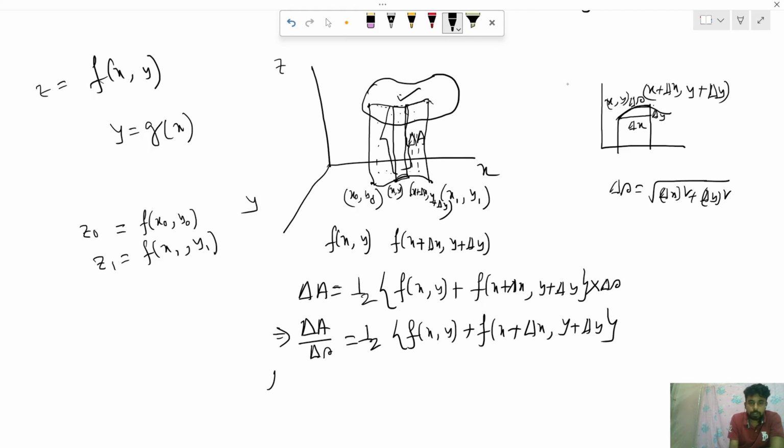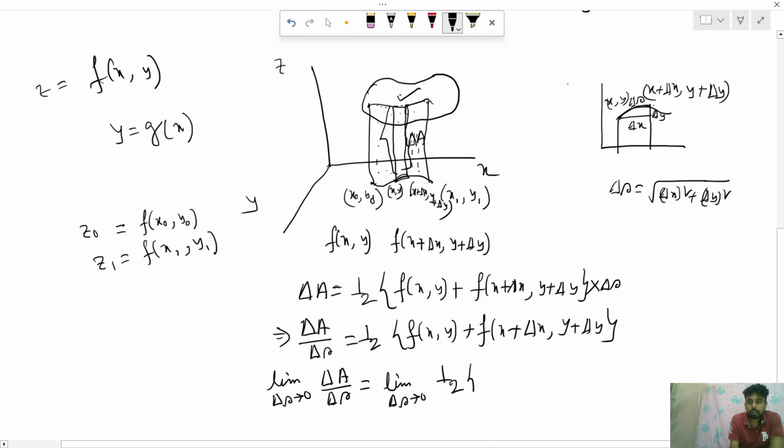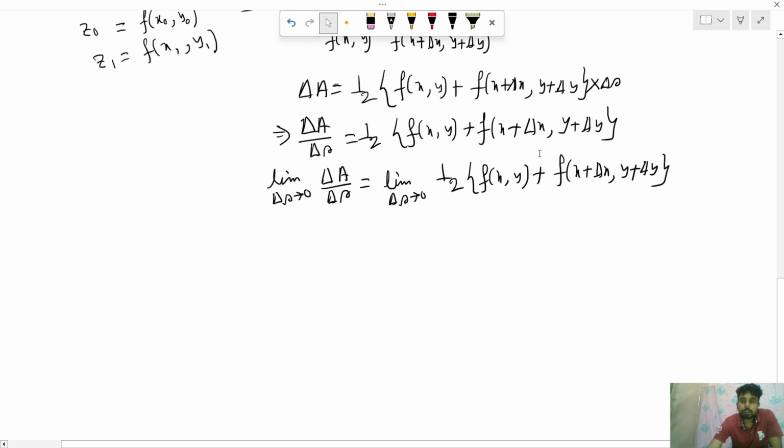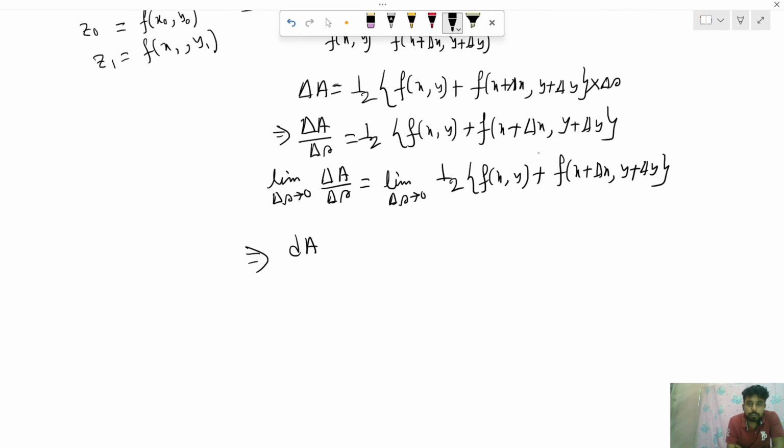Now, if I consider the limit as delta s tends to 0, delta A over delta s will be the limit as delta s tends to 0 of half of f of x comma y plus f of x plus delta x comma y plus delta y. Now, this will be dA/ds.